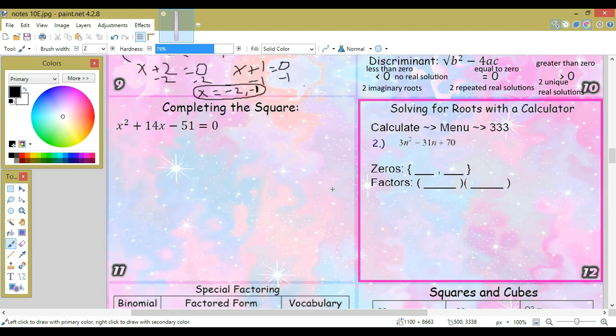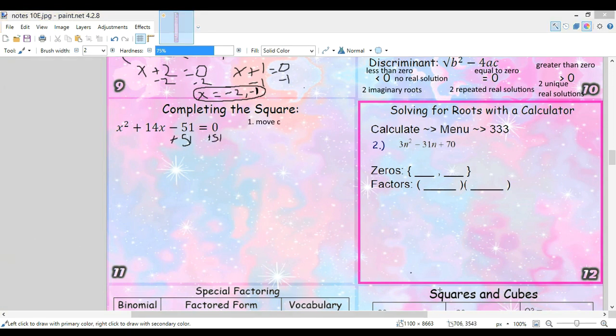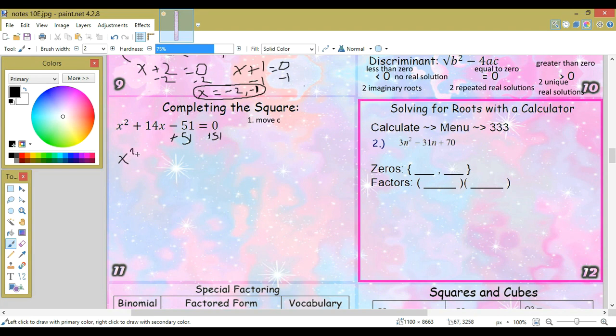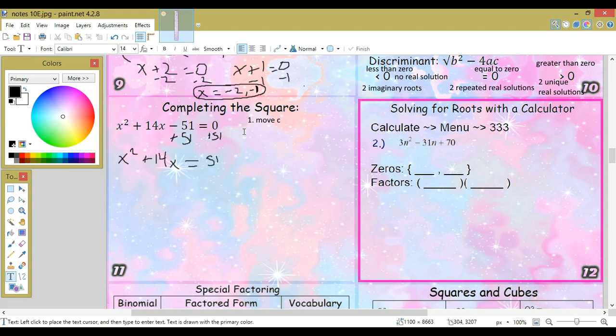We're completing the square. So for completing the square, we want to first put the C on the other side. We will move C to the other side. The next step, which is not needed in this case, is to divide everything by A, if A is not 1. A is 1 in this case, so we can skip that step.